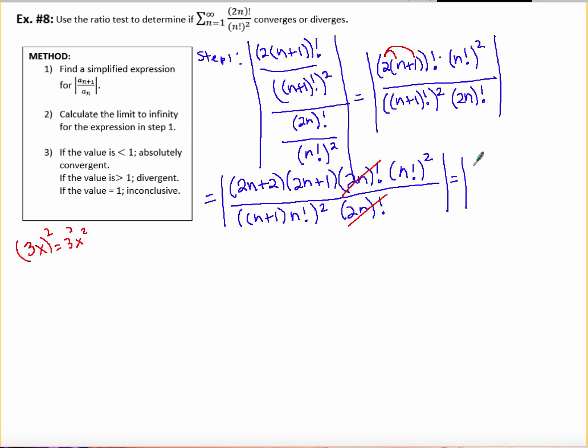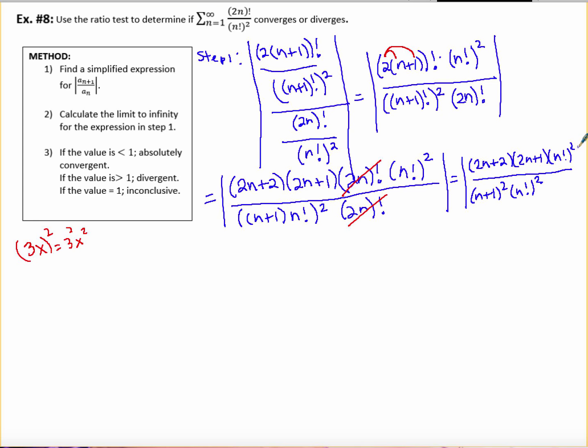I've got in my numerator, I'll go ahead and write 2n plus 2 times 2n plus 1 times n factorial squared, all divided by, and this is going to give me, let's see, n plus 1 squared, n factorial squared.